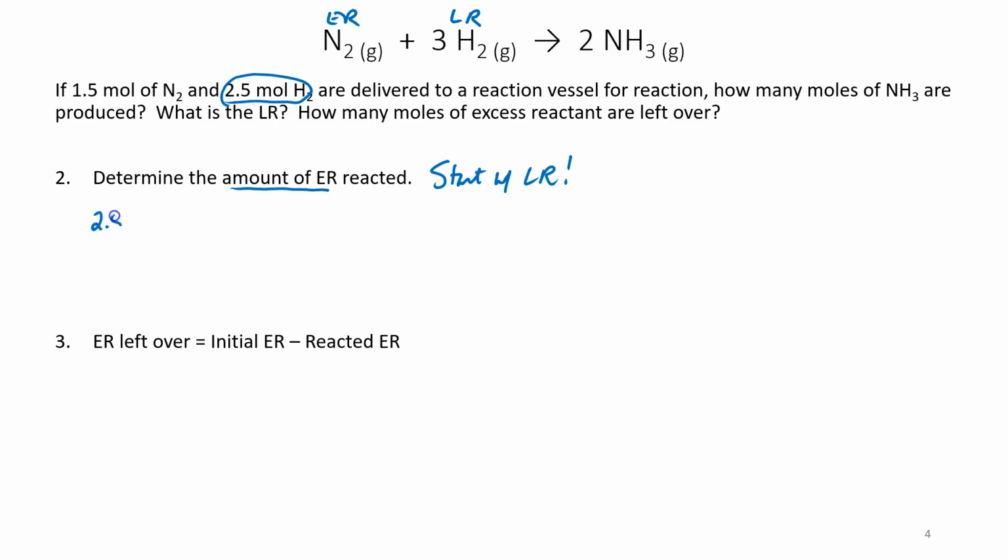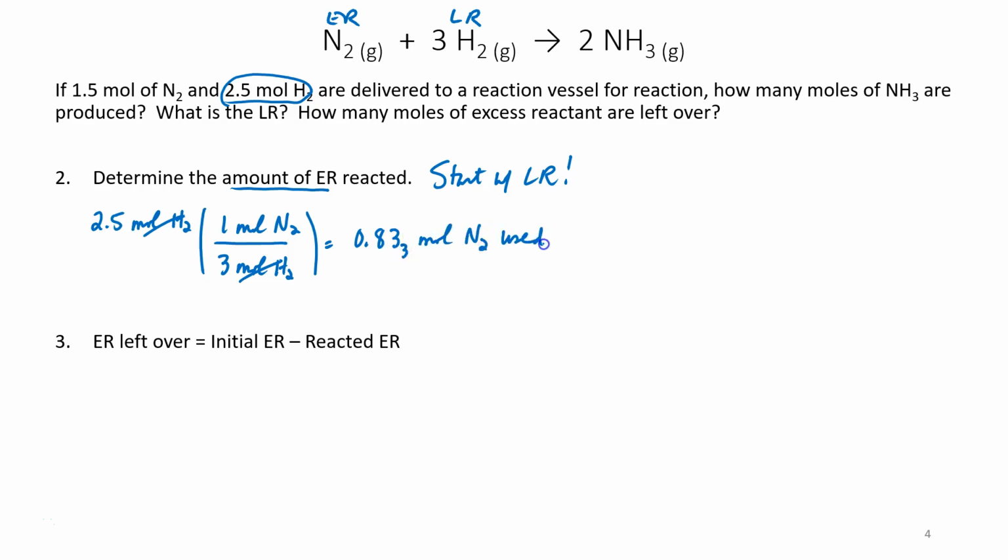So we have 2.5 moles of hydrogen. And we know that for every 3 moles of hydrogen, we're going to use 1 mole of nitrogen. So it looks like we've used 0.833 moles of nitrogen used or reacted, whatever word you want to use.